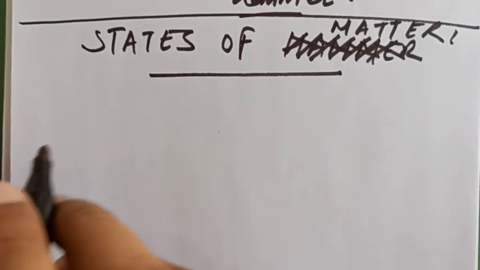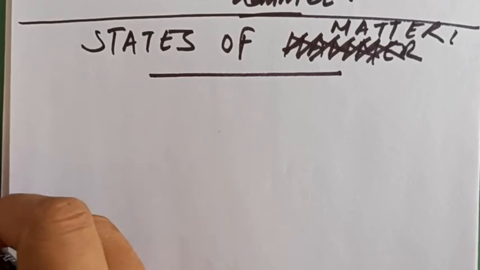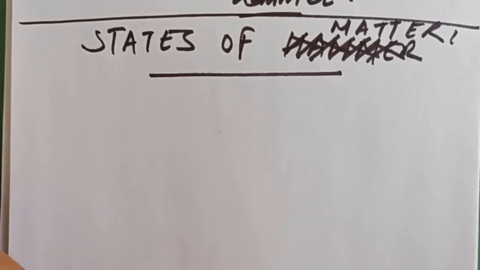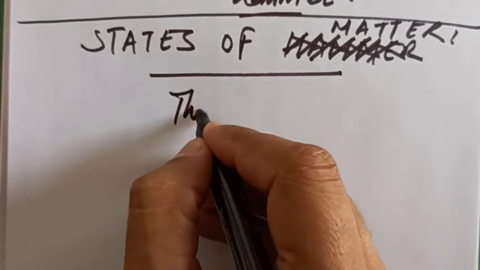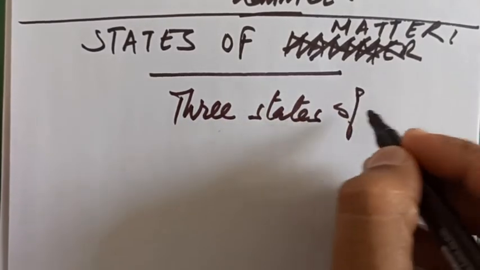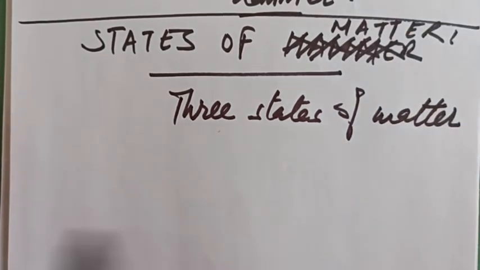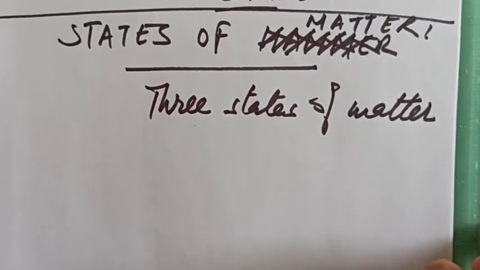States of matter. If a question comes in the paper, it will come from this topic like this: what are the different physical states of matter? So we can say that there are three physical states of matter. How many states? Three physical states of matter. Otherwise there are five states of matter, but the three are the most common, and we will discuss only these three in detail, and the rest of the two in brief only.